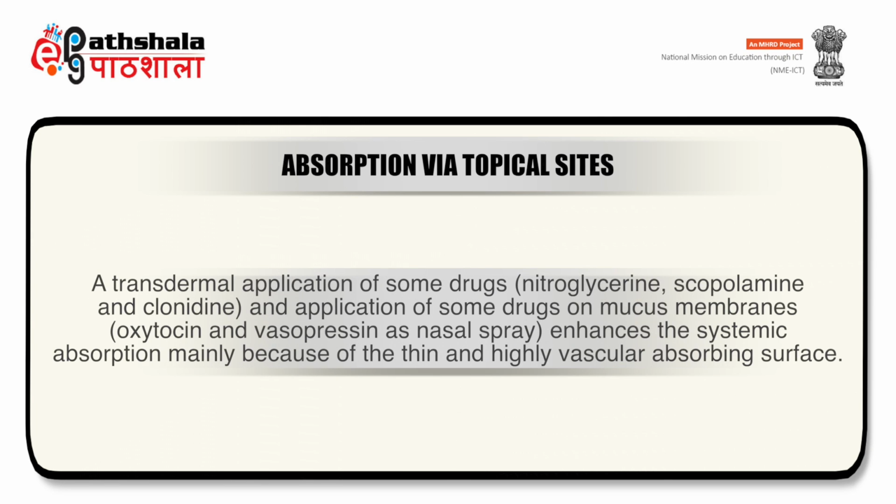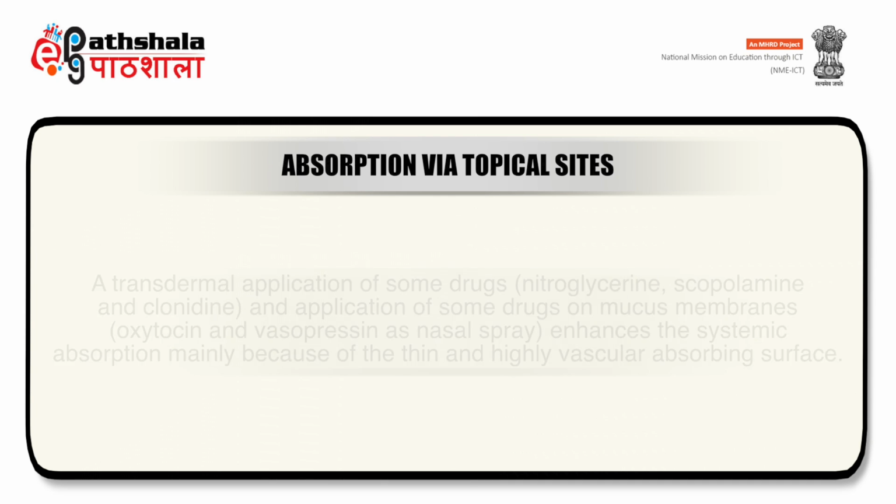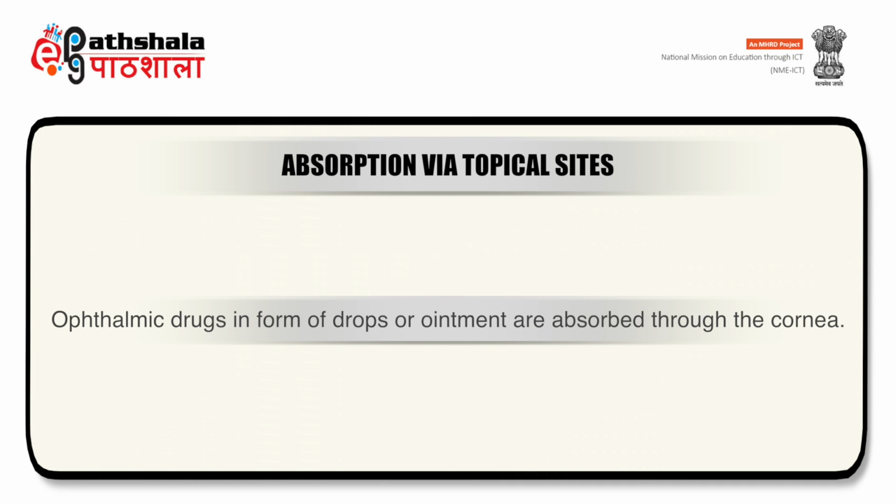Transdermal application of some drugs like nitroglycerin, scopolamine and clonidine, and application of some drugs on the mucous membrane like oxytocin and vasopressin as a nasal spray, enhances systemic absorption mainly because of the thin and highly vascular absorbing surface. Ophthalmic drugs in the form of drops or ointment are also absorbed through the cornea.